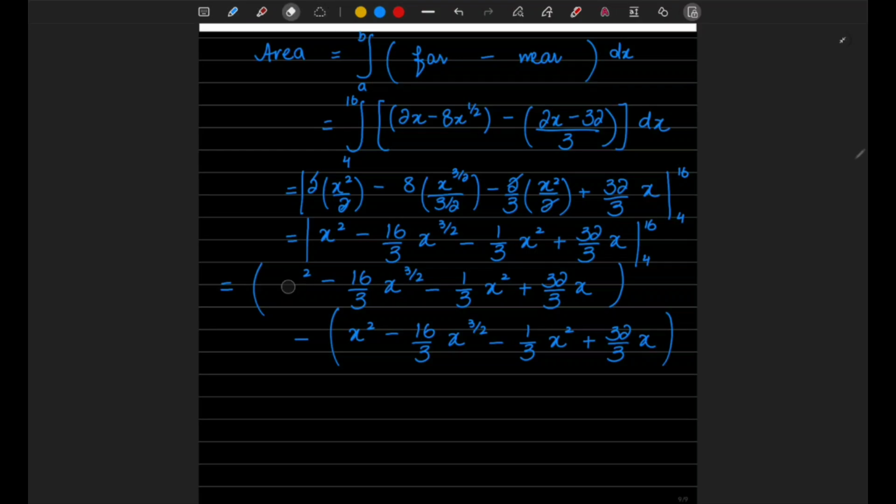So in place of x, 16 square minus 16 over 3 times 16 to the power 3 over 2, minus 1 over 3 times 16 square, plus 32 over 3 times 16. Then 4 square minus 16 over 3 times 4 to the power 3 over 2, minus 1 over 3 times 4 square, plus 32 over 3 times 4.